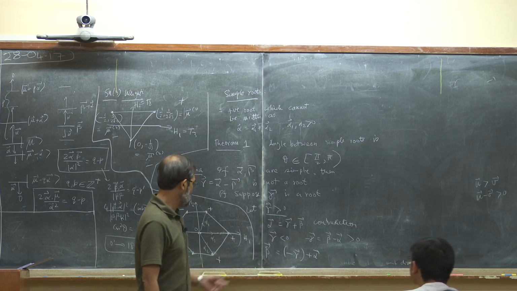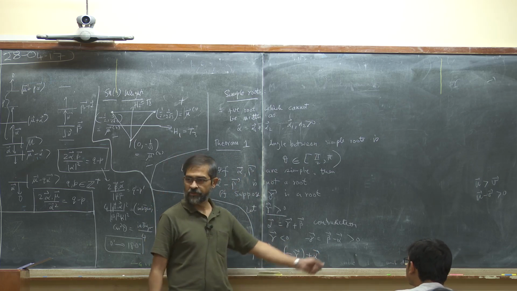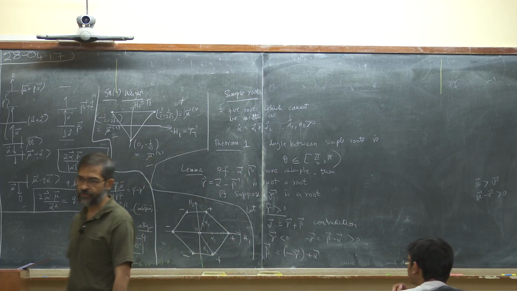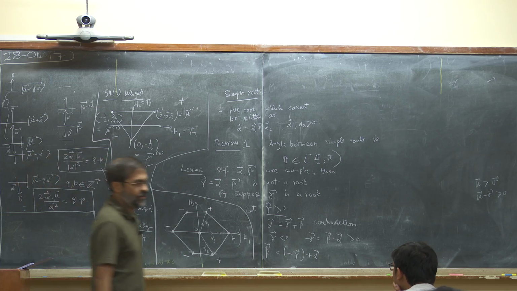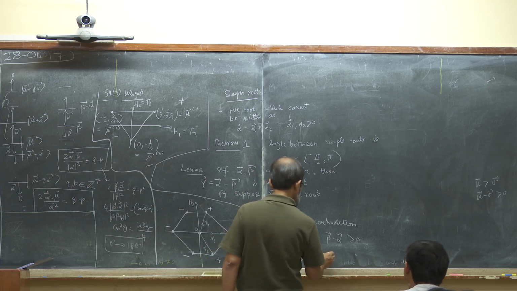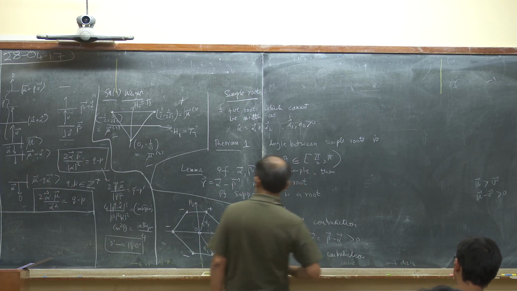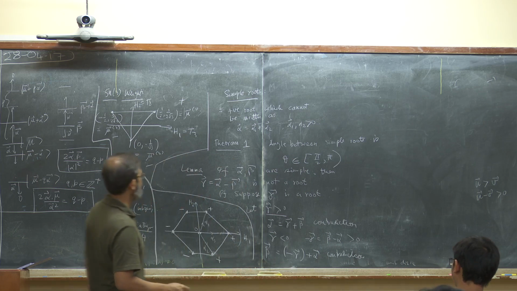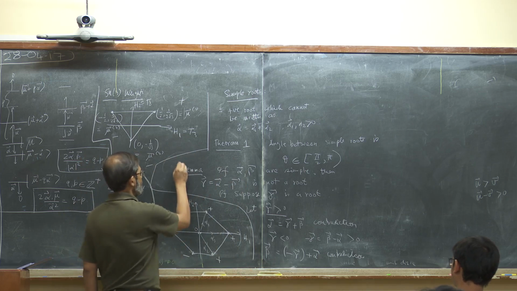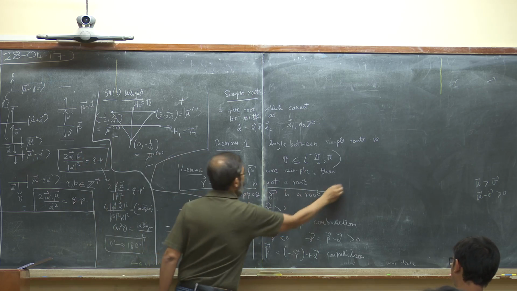So then beta, which is a simple root, is the sum of two positive roots. That is also a contradiction. So any which way you arrive at a contradiction. Therefore, we arrive at the fact that this is true.